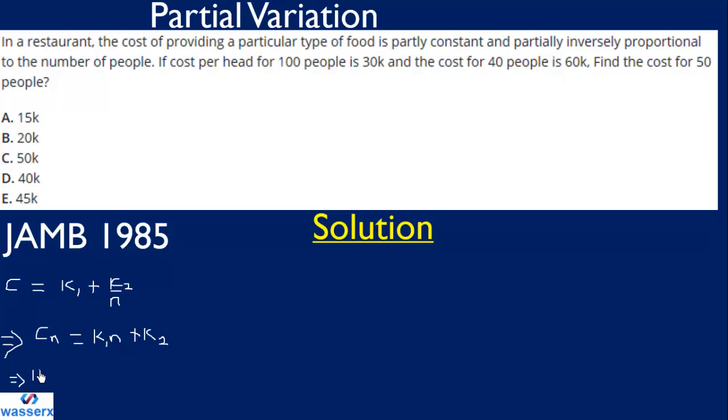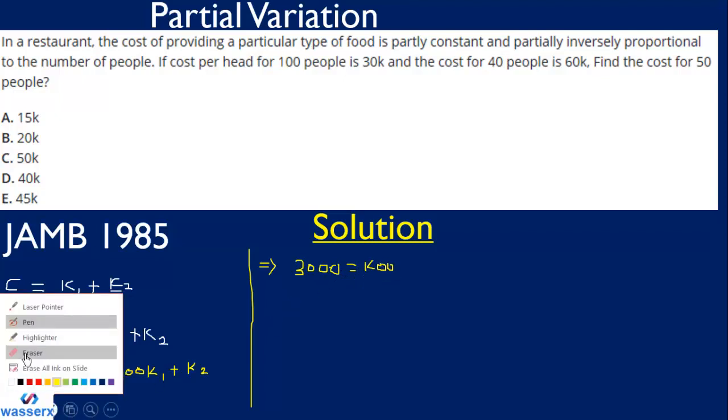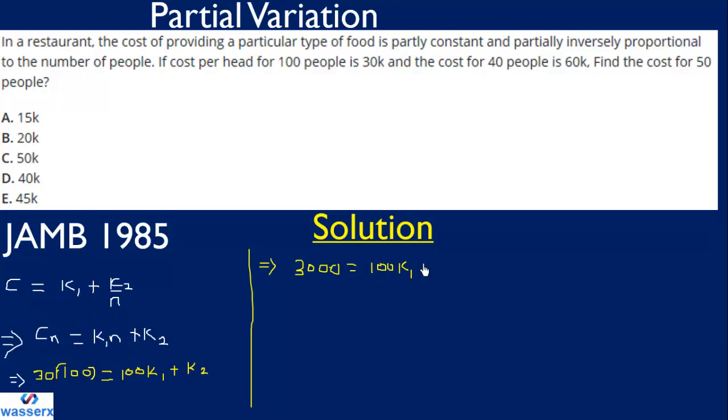So we have for 100 people, 30k. So the cost is 30. So the c is 30 and the number of people is 100, so 30 times 100 equals 100 k1 plus k2. If we simplify this, we get 3000 equals 100 k1 plus k2.